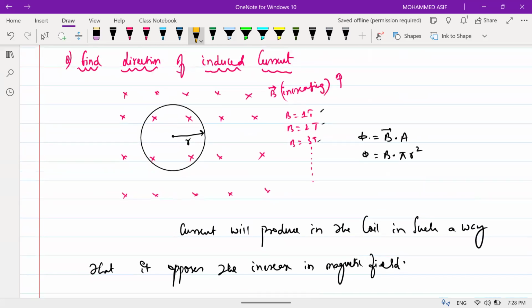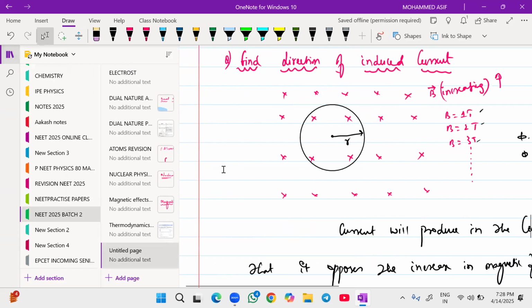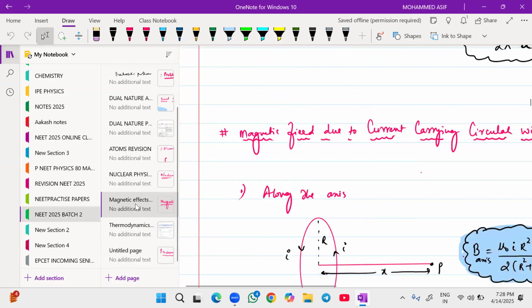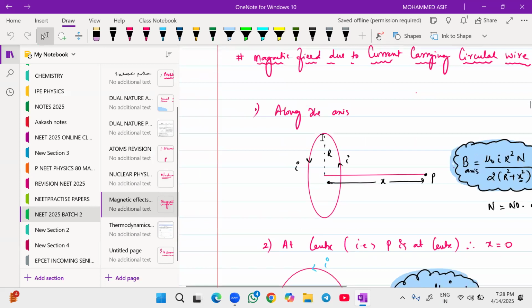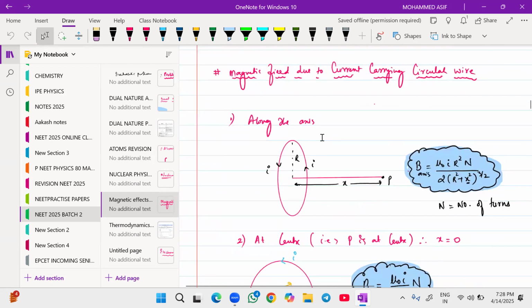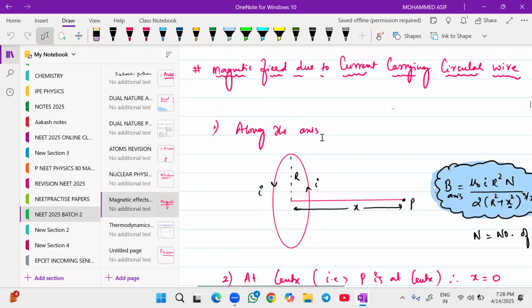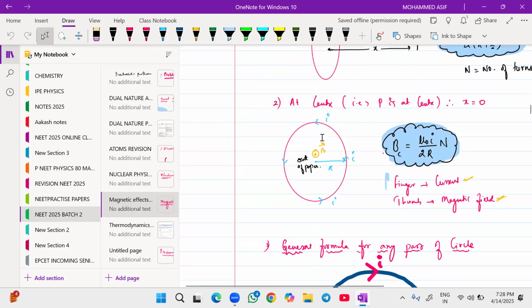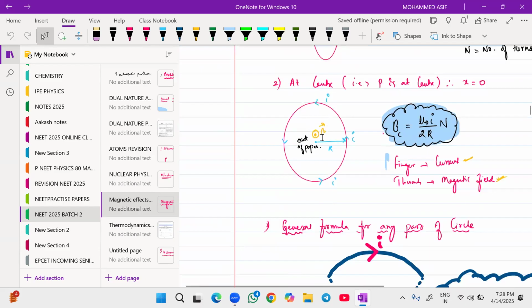Now, you know that moving current will produce a magnetic field. See if you remember this, everyone. In the magnetic effects of current, I told you how to find the direction of the field for circular coils. If the current is anticlockwise, what is the direction of the magnetic field?